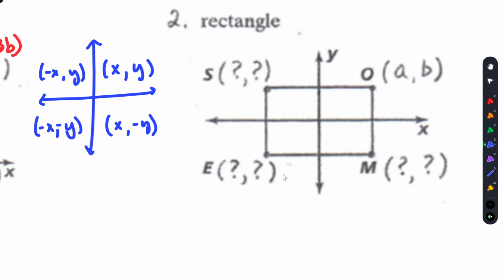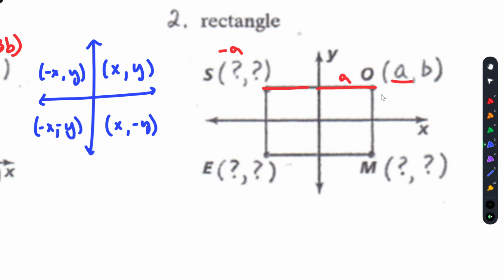So it's a rectangle. I'm assuming that it's centered on the origin. So that means that each of these little pieces is going to be the same length. So let's start with the X's. The X value tells me that this length from side to side is A. So then this length from side to side is also A, because length is always positive, but the coordinate is going to land me at a negative A, because I'm going the opposite direction in my coordinate grid.